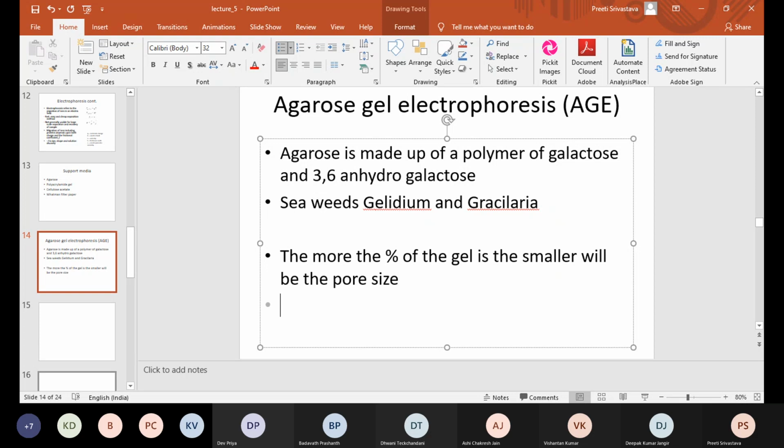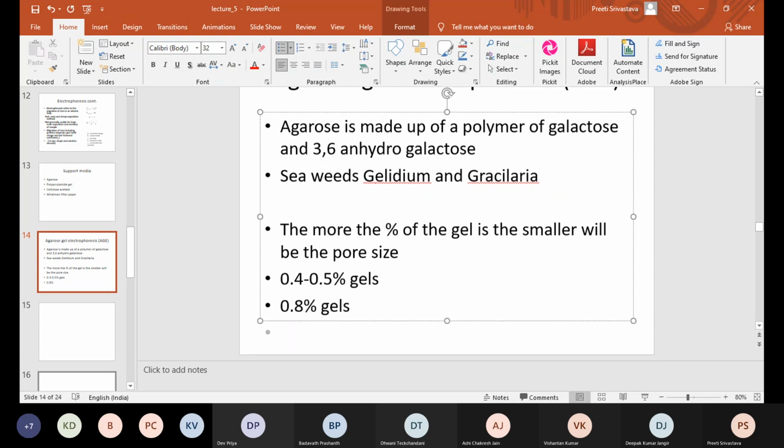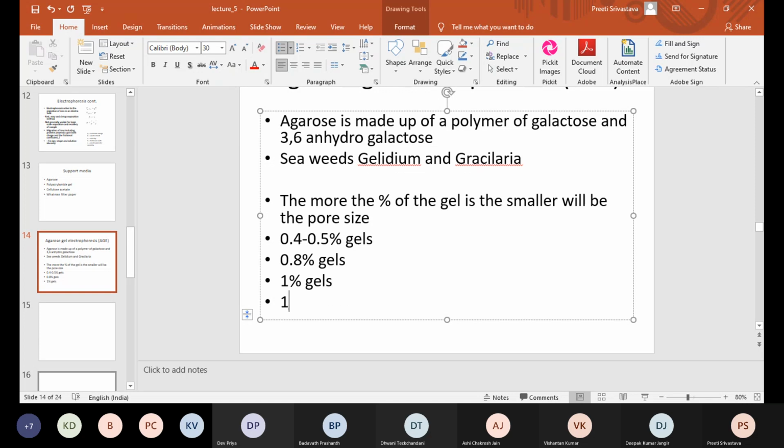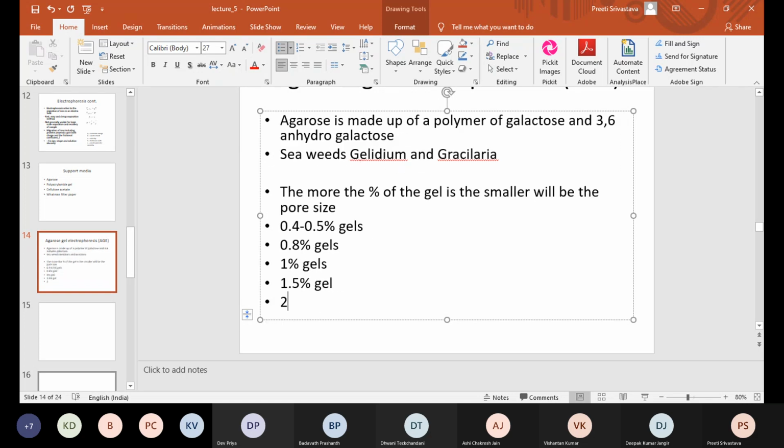The kinds of gels that are used are, for example, 0.4 to 0.5% gels, then 0.8% gels, then 1% gels, 1.5% gel, and after that no more.